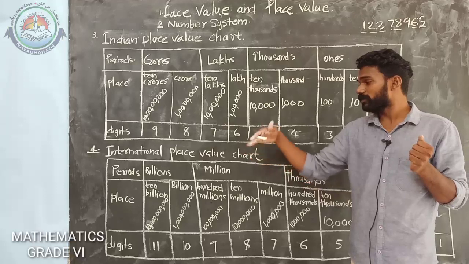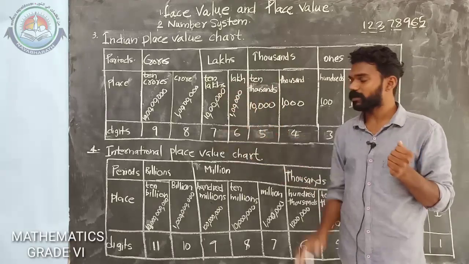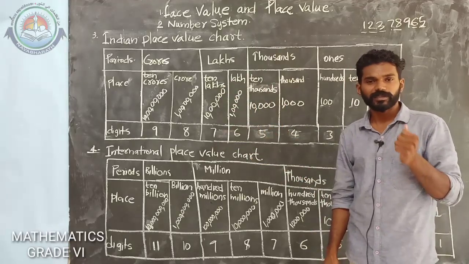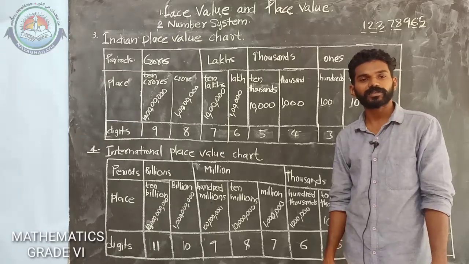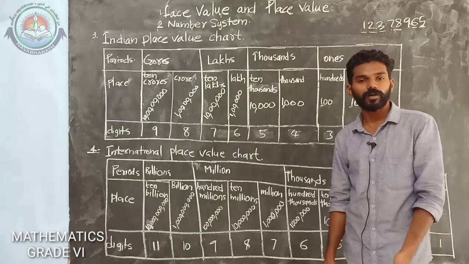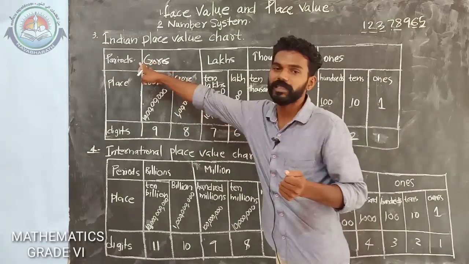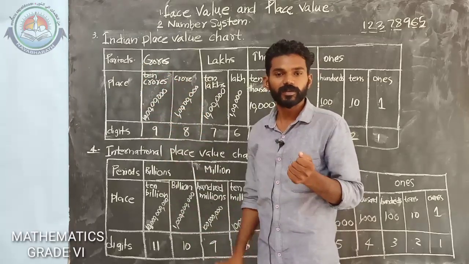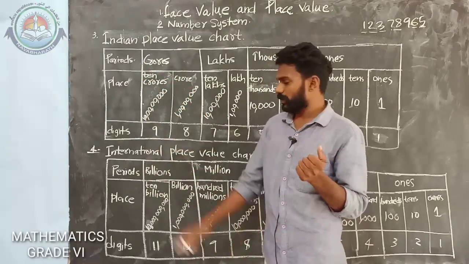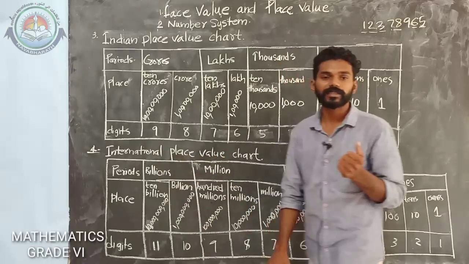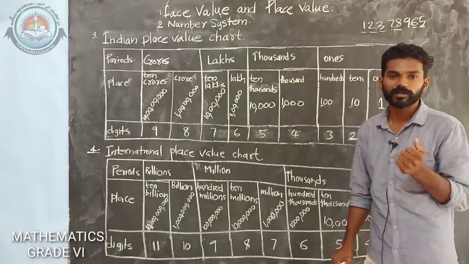In the Indian and international place value charts, there are many differences. Differences on what? Differences in both periods and place values. Let us look at the international place value chart.